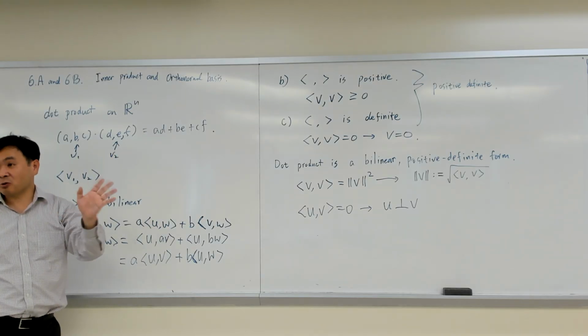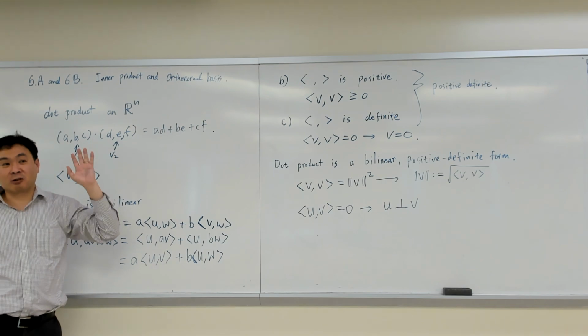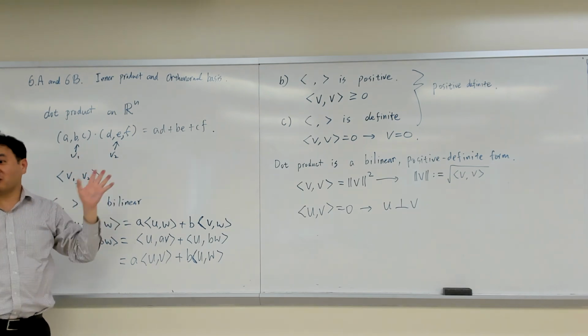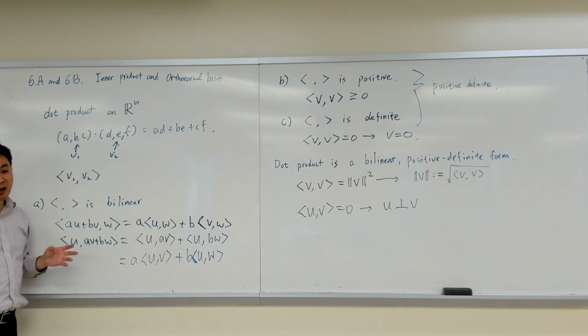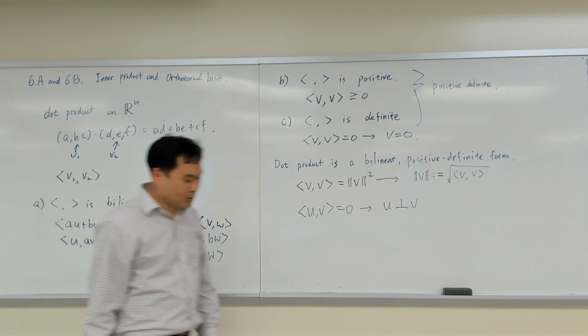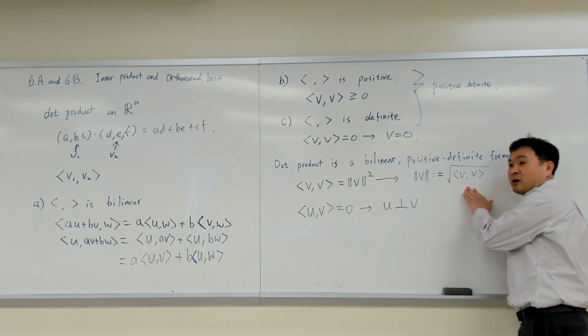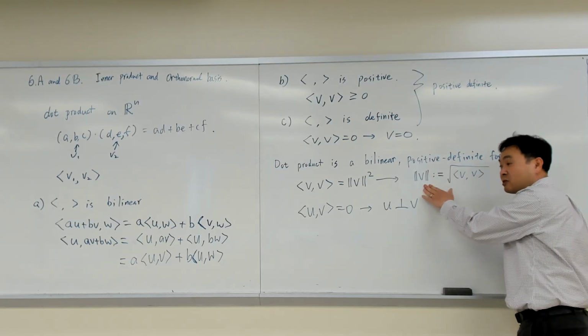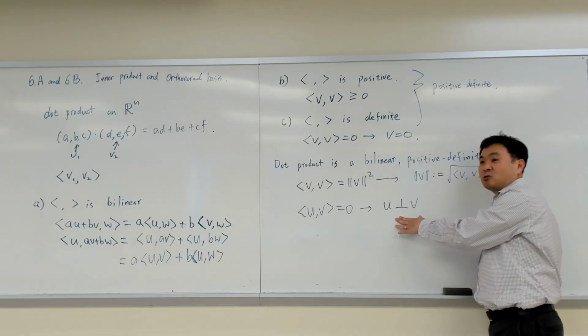We don't know them. But we're given some mysterious inner product. That mysterious inner product will have these three properties, and it's going to allow us to talk about measurement of a vector, size of a vector, and it will also allow us to talk about two vectors being orthogonal. Okay? So that's the idea.